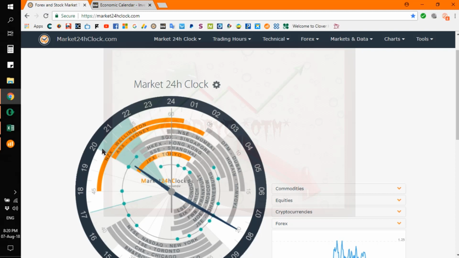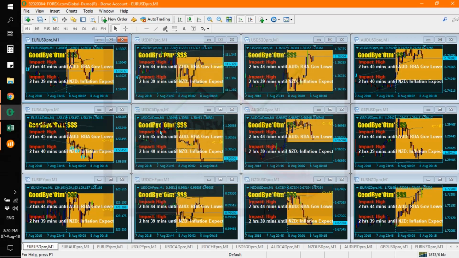On the Eastern time, it is from 8 o'clock p.m. until 10 p.m. So we're gonna take advantage of these 2 hours. We're gonna keep an eye on our template to see if we have any valid signals coming out, and we will place trades based on our signals for 30 minutes. So everything is being set over here. We're just waiting for signals, and we will be placing the trades accordingly.